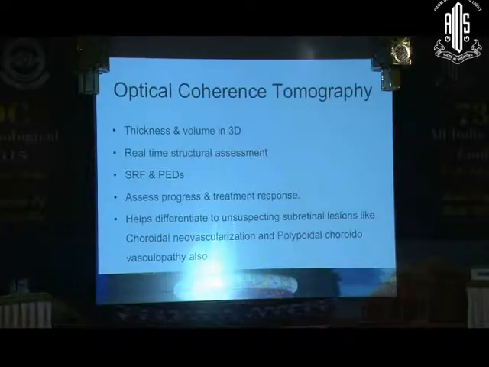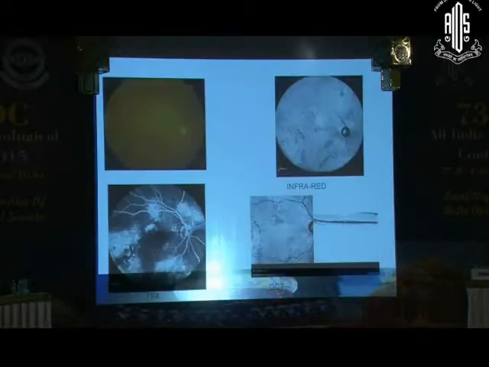Then we come to optical coherence tomography: thickness and volume in 3 dimensions, real-time structural assessment, and it can show us the subretinal fluid, pigment epithelium detachment, assess progress and treatment response, and helps differentiate unsuspected subretinal lesions. We can see the color photo, right up is the infrared, and the left lower is the fluorescein angiography photo with corresponding OCT.